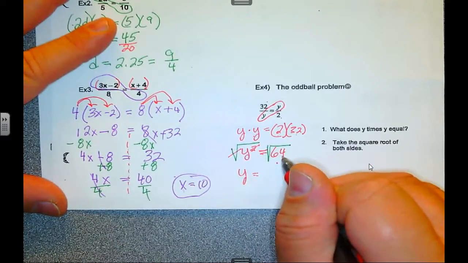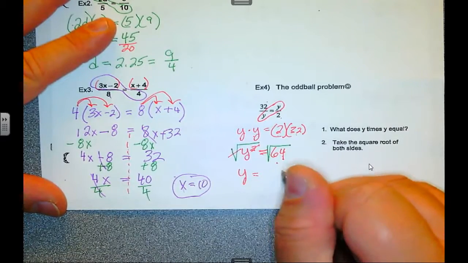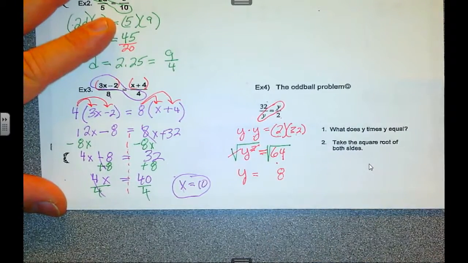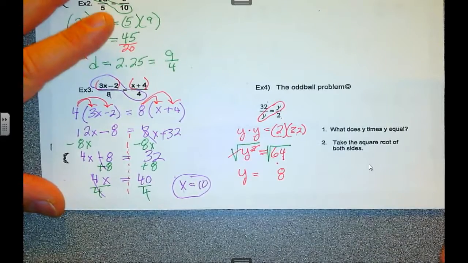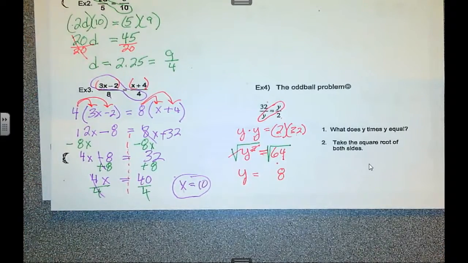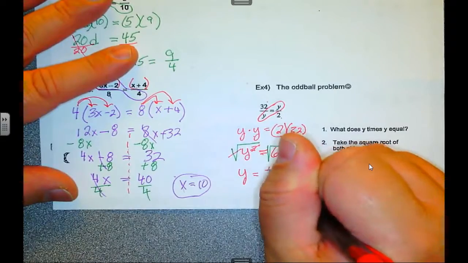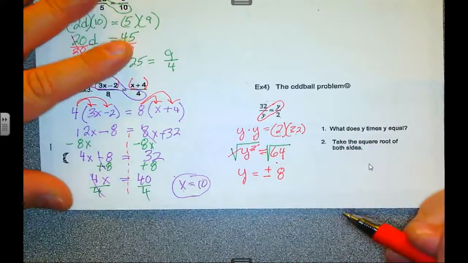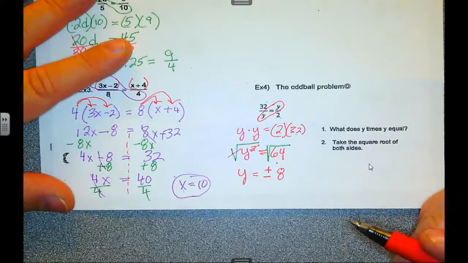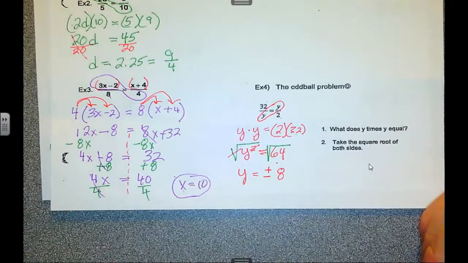Fortunately, I get 8. It's 8 times 8. But what happens is we don't know if it's a positive 8 times positive 8 or negative 8 times negative 8. Both come out to 64. Yeah, we use a plus or minus 8. That's actually two answers. We usually normally just put the plus or minus 8 there.